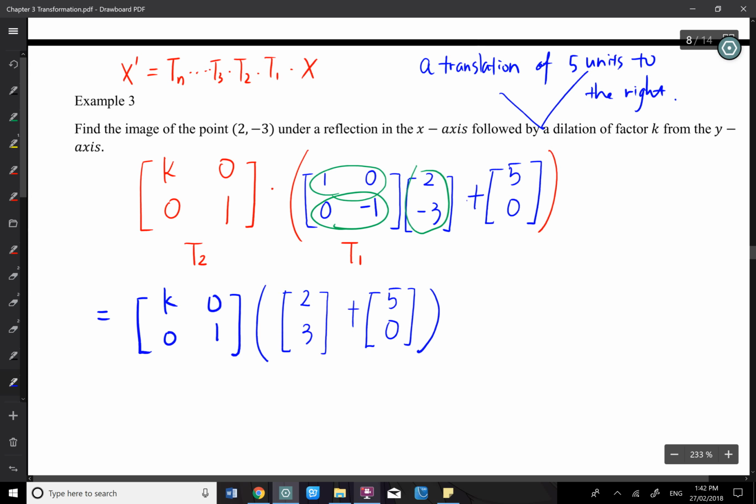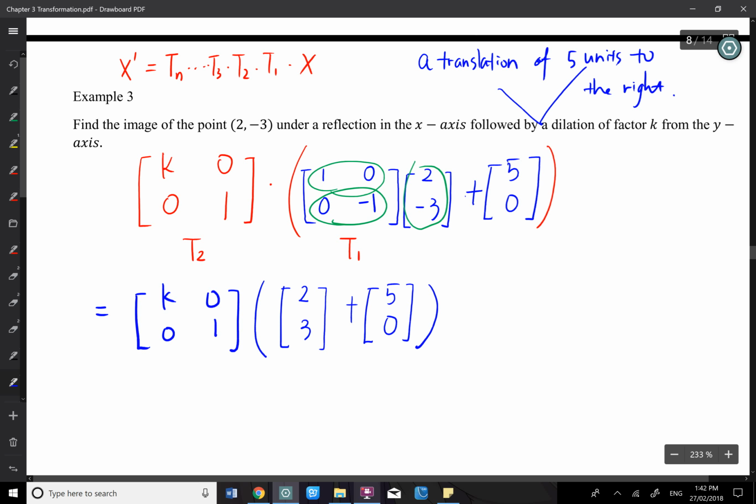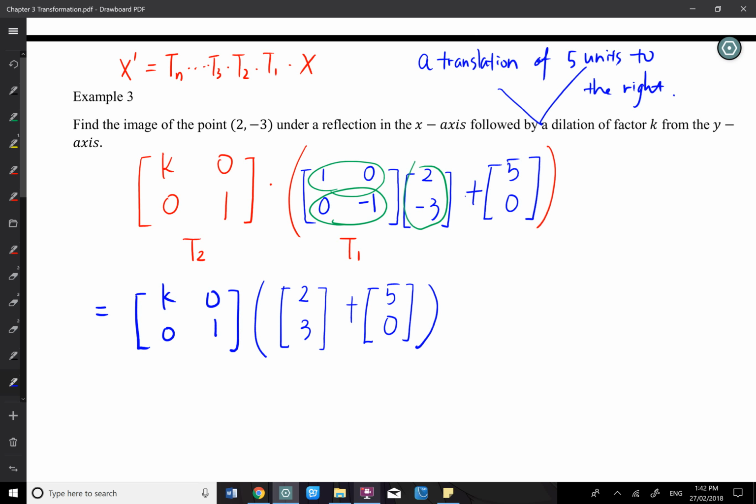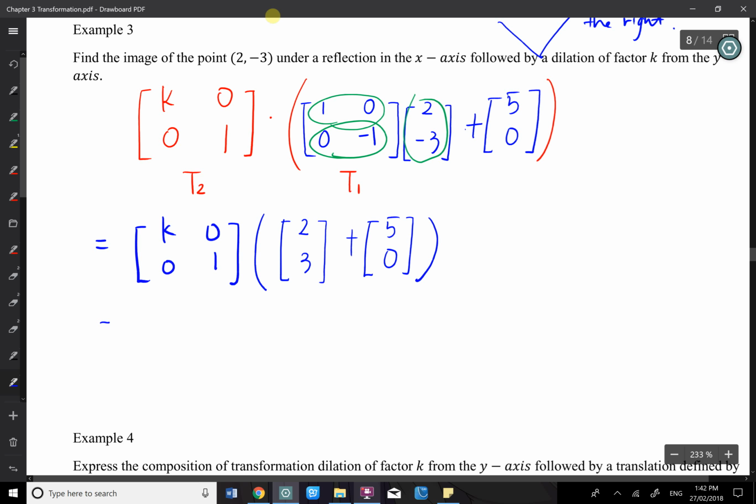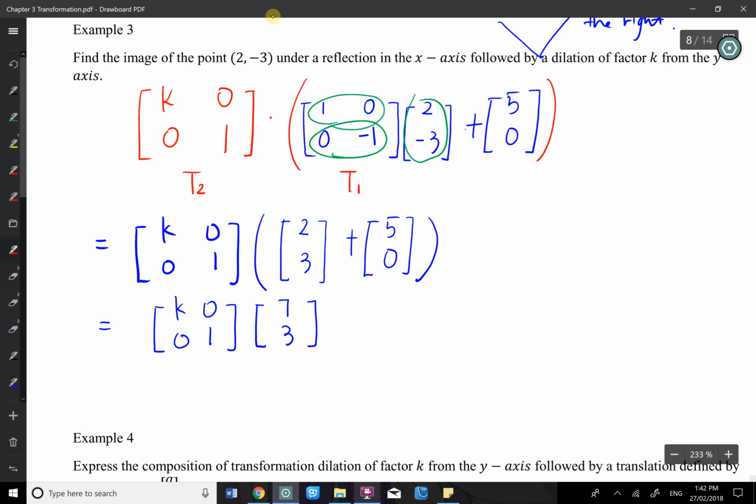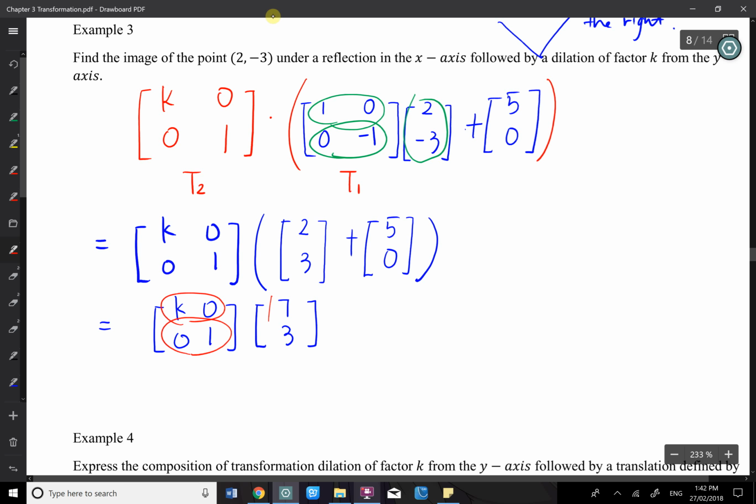Okay, so after the first transformation, reflection in the x-axis, that changes the y, the new point becomes 2, 3. And then you move it 5 units to the right. That will be 7, 3.